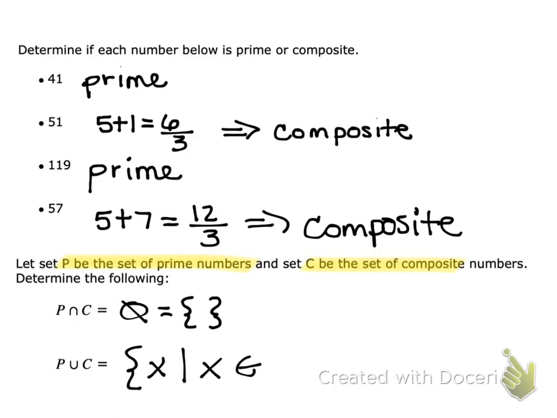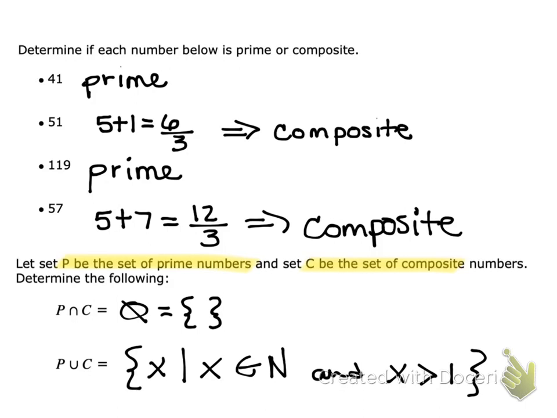X is an element of what set? The natural numbers, because we aren't including 0, that would be whole numbers, and X is greater than 1. You with me there? Just wanted to throw it back to chapter 1 there.